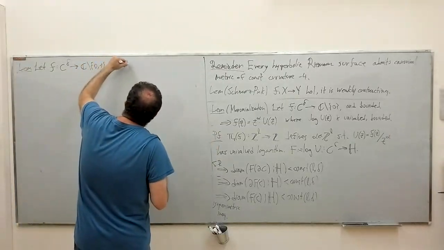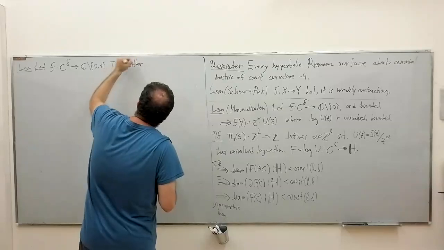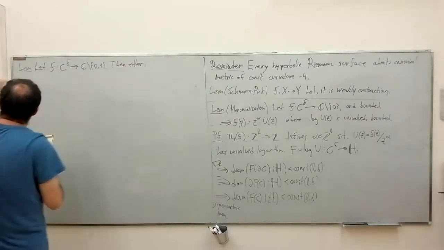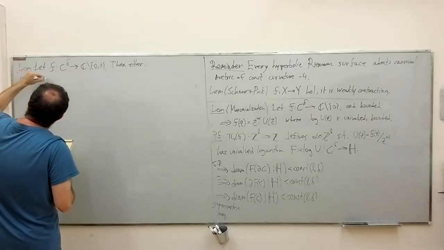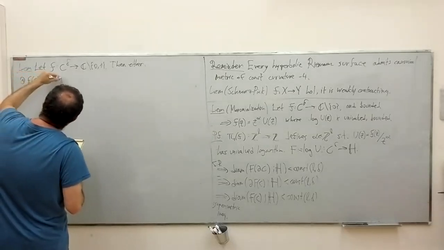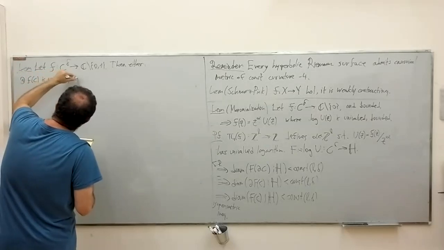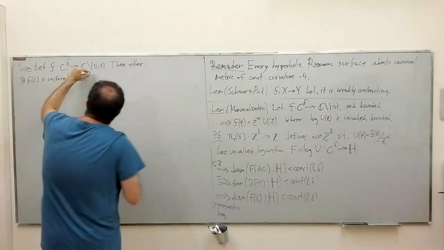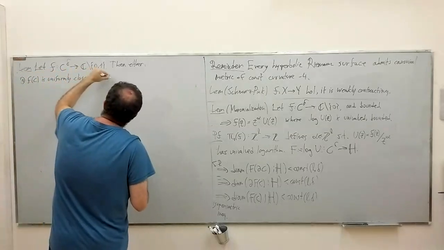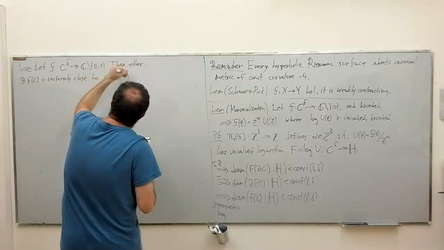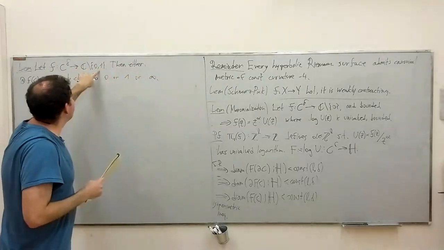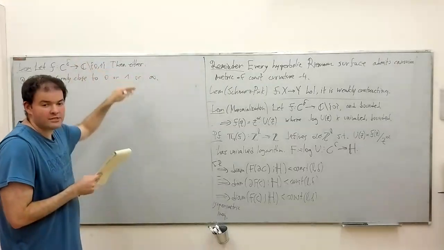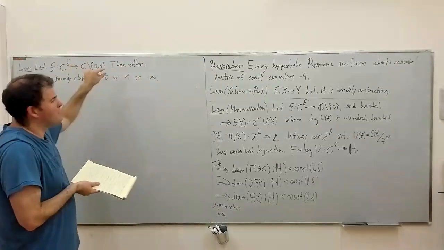Then one of two things happens. Either F of C is uniformly close to 0 or 1 or infinity. These are the three cusps of this hyperbolic Riemann surface, and it could happen that you are very close to one of them.